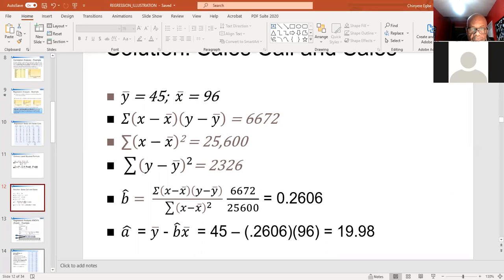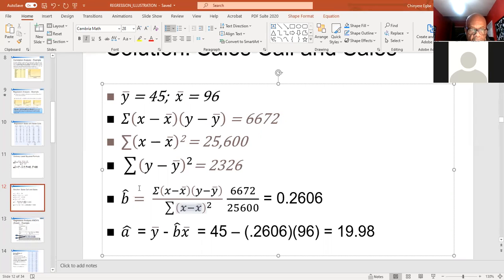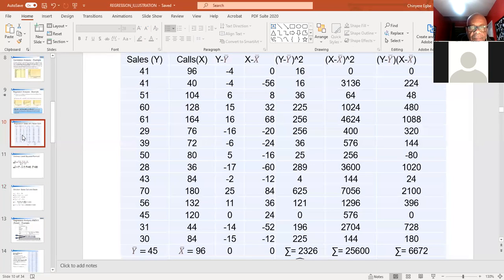Am I correct? Yes. Okay. Your question was, what's the formula for calculating A hat and B hat? So you use this formula here. As you can see, I highlight the formula for B hat. You calculate B hat first. From this table, you can see I calculate Y bar, I calculate X bar.